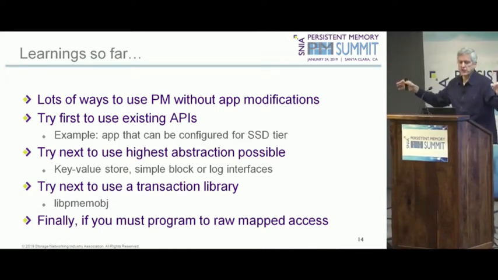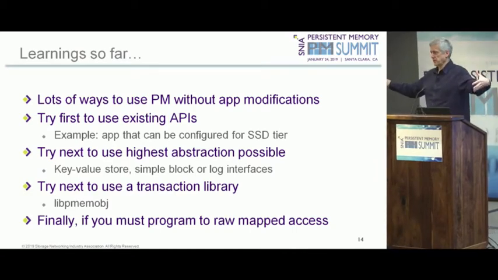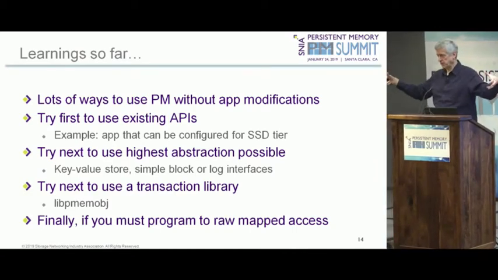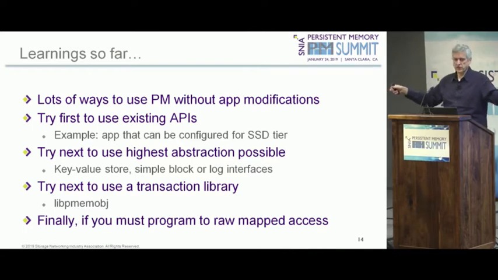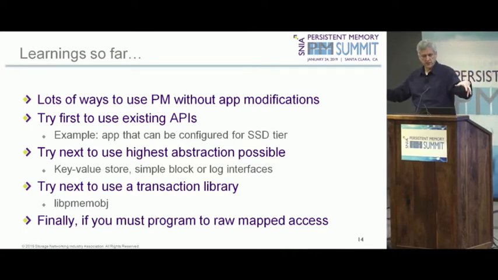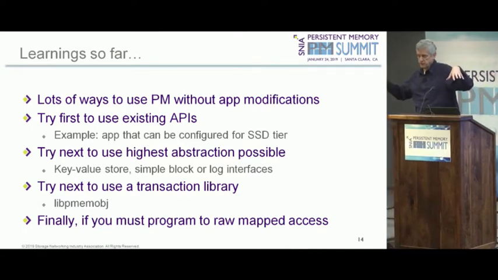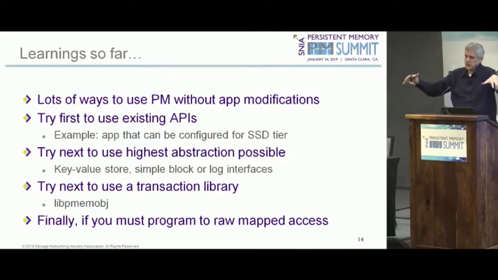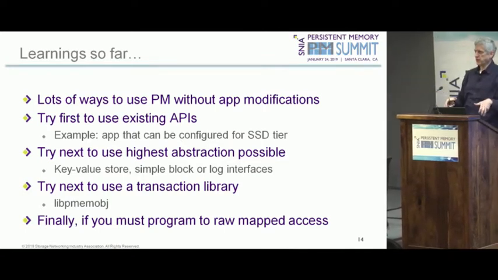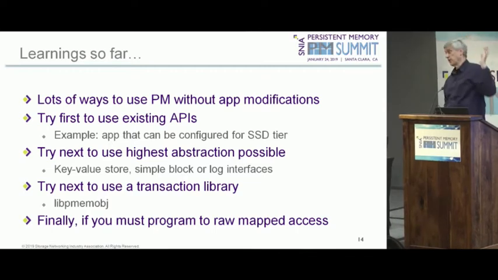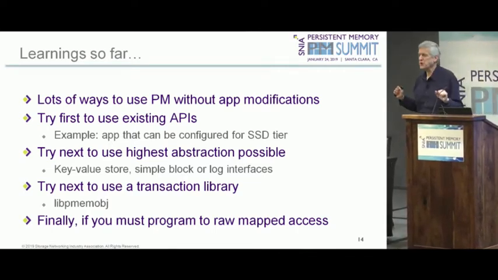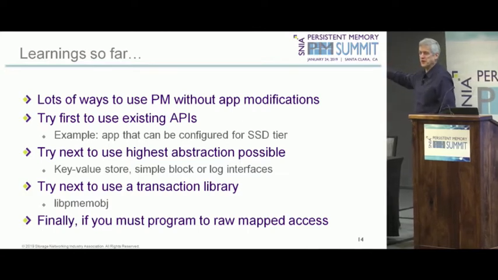Then try and use some of the existing APIs, and the higher level, the better. Like try and use the key value API, or try and use just the storage APIs. Try and use the highest level abstraction possible. And only when you have to, you get pushed down into the nitty-gritty. Okay, I really do want to implement my own hash table that sits in persistent memory. That's fine. You're welcome to do that, and we give you libraries to help you do that.